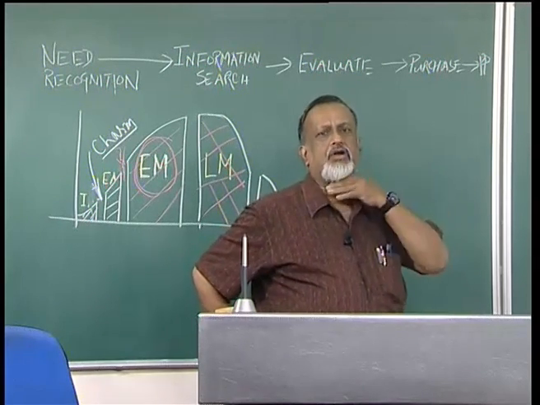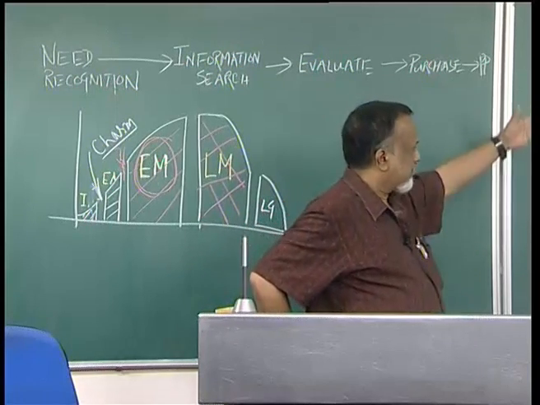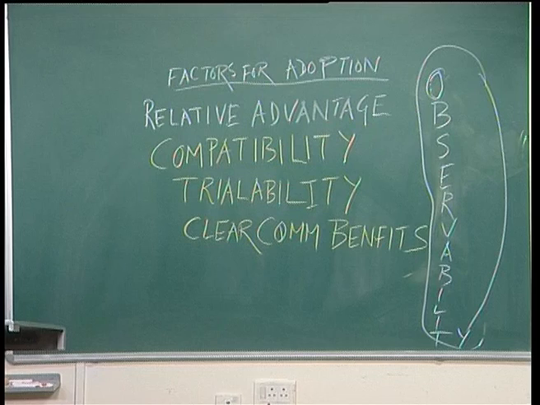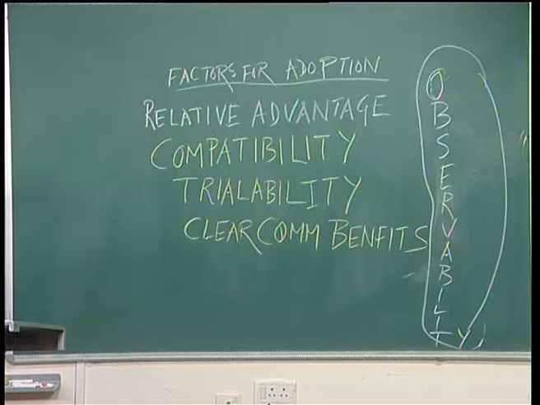we will focus on Rogers' factors that are listed here, factors for adoption by the early majority of a new product. So, as you see there, he identified 5 factors: relative advantage, compatibility.